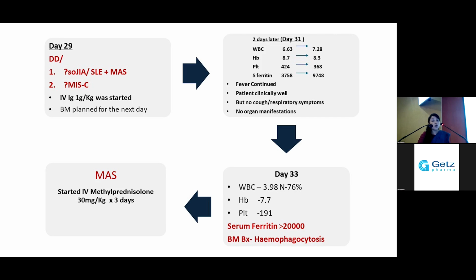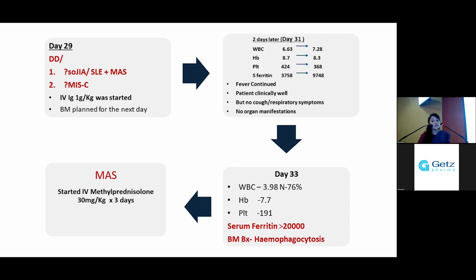However, the important fact to note is that the patient was clinically stable, without any hemodynamic instability, and there were no respiratory symptoms at this point, and no organ manifestations. So on day 33, we noted that the WBC count was now dropping, with the WBC of 3.9, Hb being 7.7 and platelet being 191.